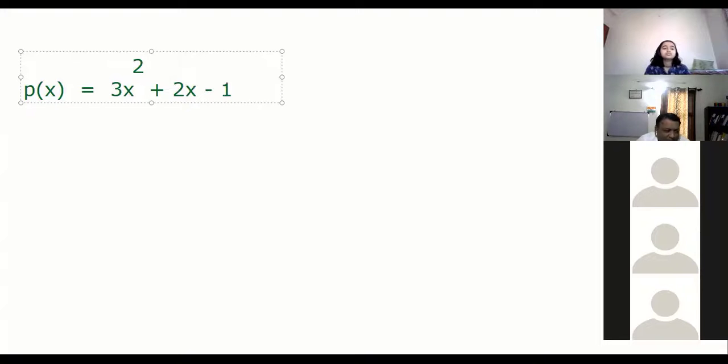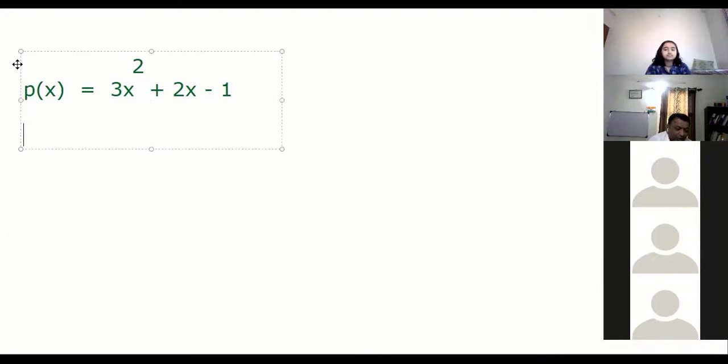So is this a polynomial or not? It's a polynomial. Is it quadratic, biquadratic, cubic, or linear? Quadratic. Sir, is it monomial, binomial, or trinomial? Trinomial. So everybody is clear?